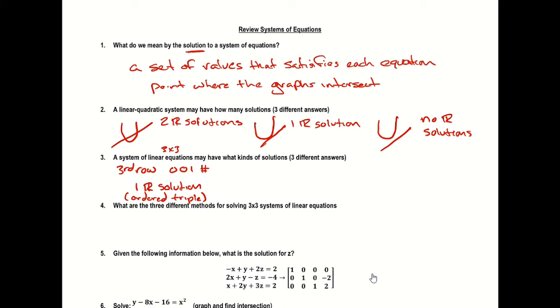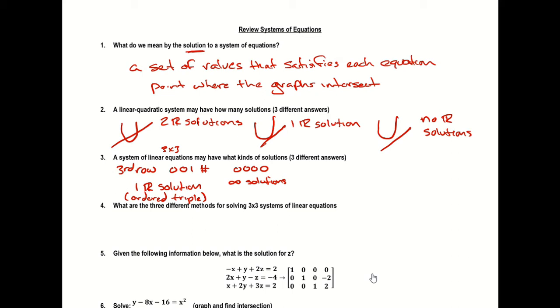If our third row comes up 0, 0, 0, 0, then we have infinite solutions. Meaning any number we put in will satisfy our equations.